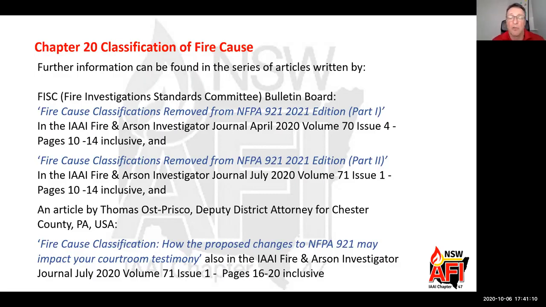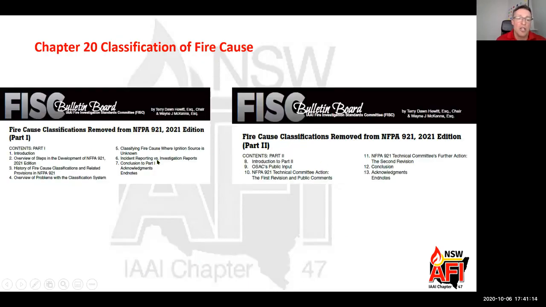And there's a couple of good comments in there, which I will show you. So they have a bulletin board, the FISC committee, and they talk about different issues about the standards around fire investigation. And this one is a very good one. So it goes into exactly why it was removed and the debate around it.